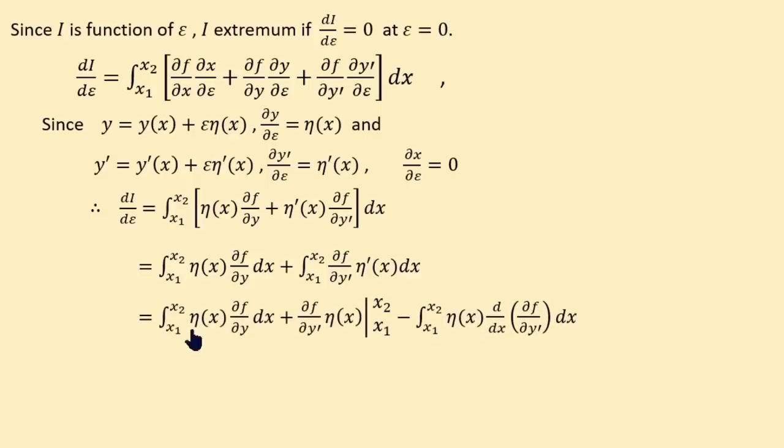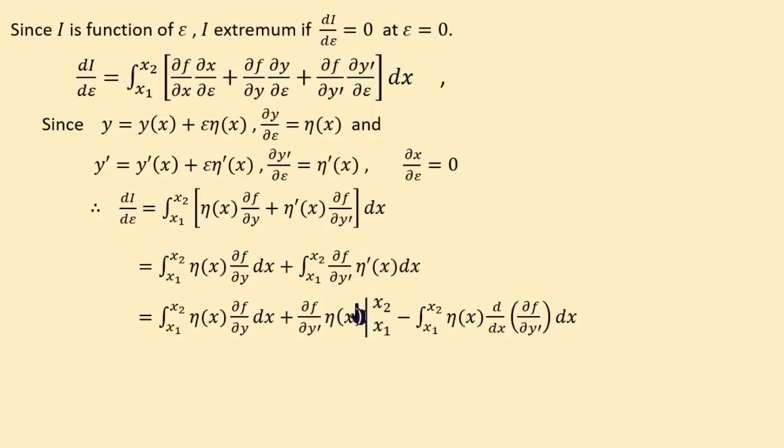Therefore, the integral becomes the first function into the integral of the second, that is η(x), with limits from x1 to x2, minus the integral of the derivative of the first function, d/dx of ∂f/∂y', into the integral of the second, that is η(x).